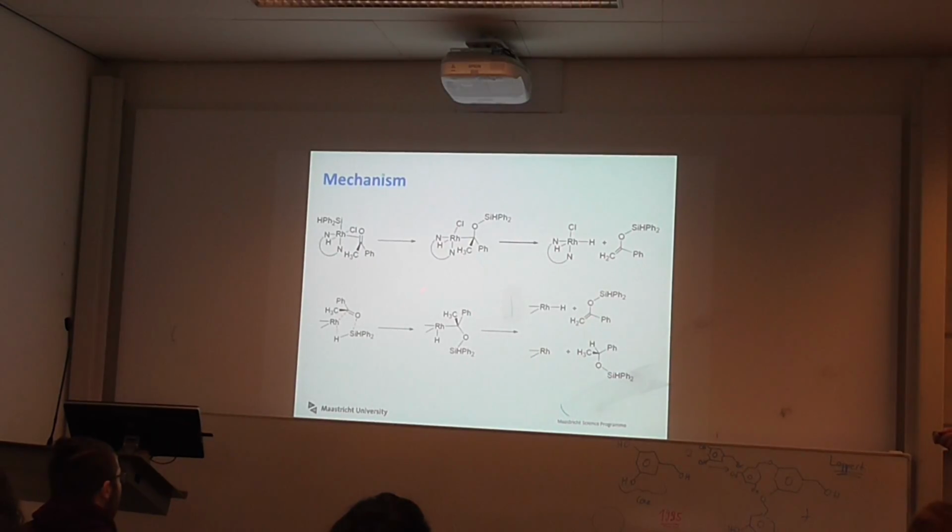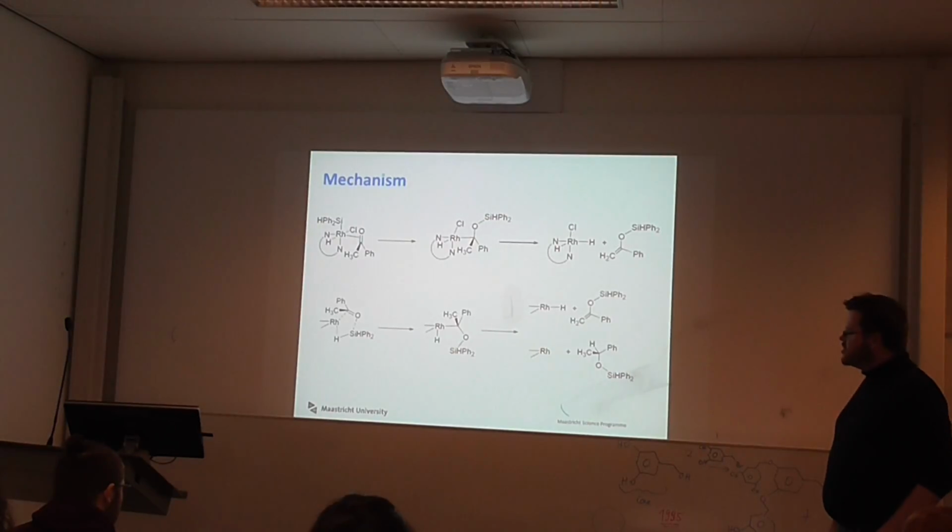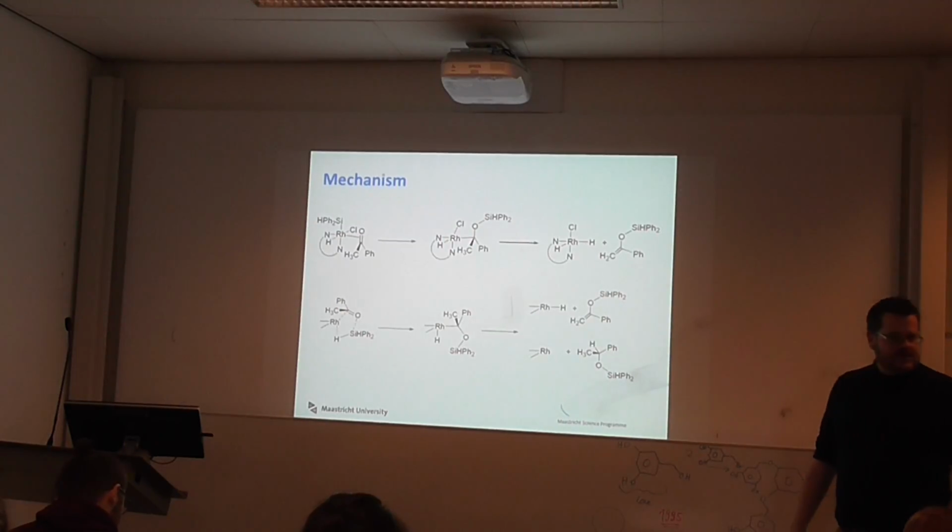If you imagine that this is now the intermediate, you can have one of two things happening. You can either have a beta hydride elimination, which is of course going to afford this product here, or you can simply have a reductive elimination of this whole thing here, and you get the desired product.